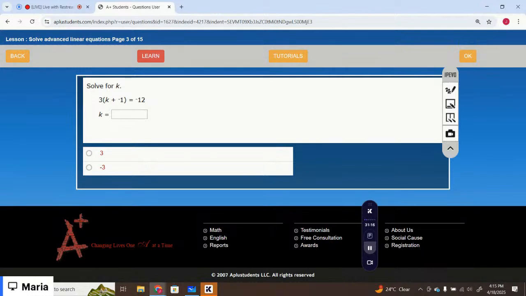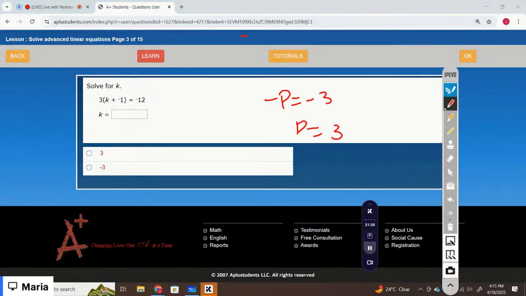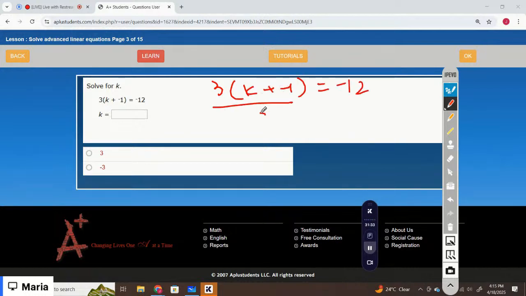Solve for k. So let's just divide both sides by 3. So 3k plus negative 1 equals negative 12. Divide both sides by 3, 3 and 3 cancel out. So k minus 1 is negative 4.